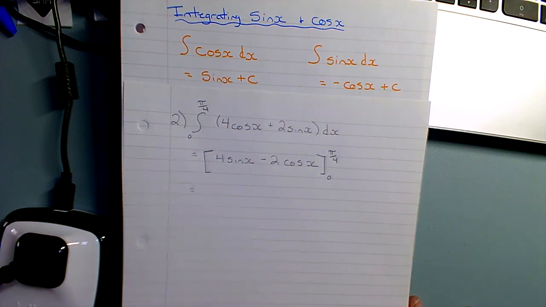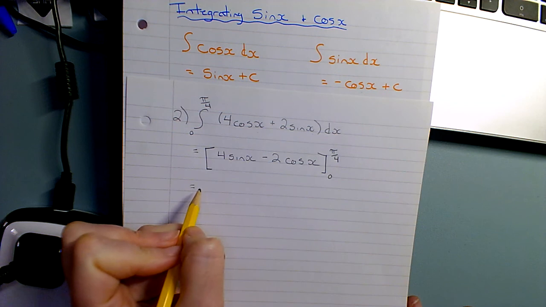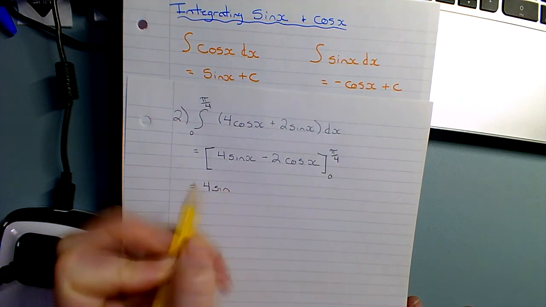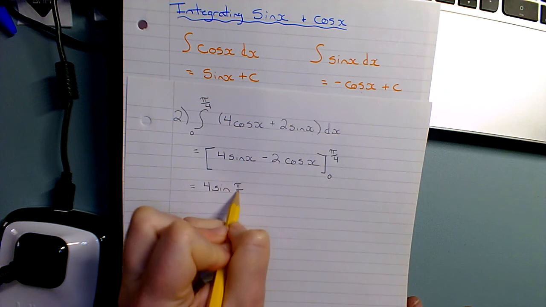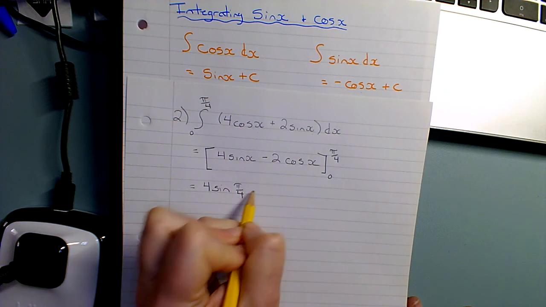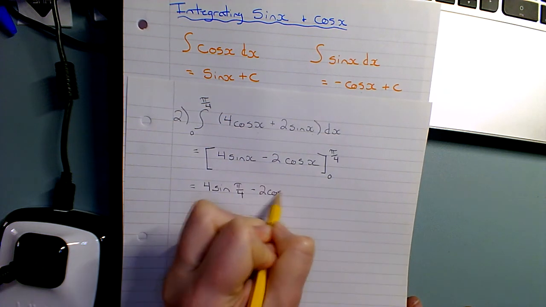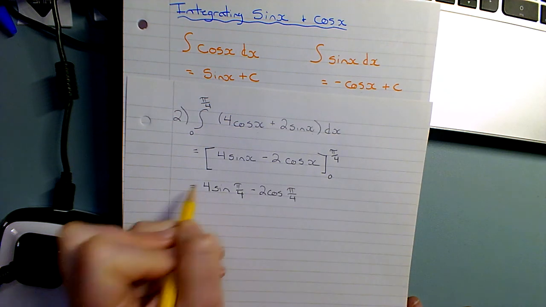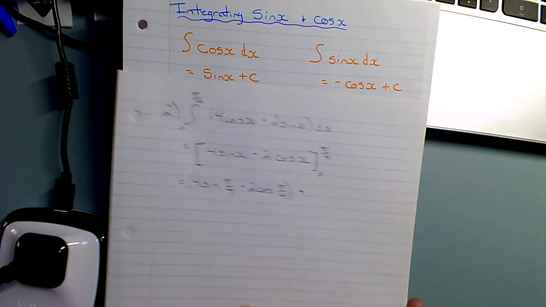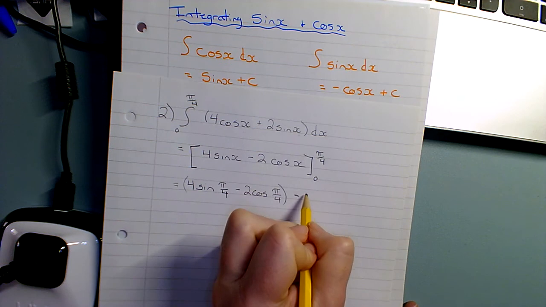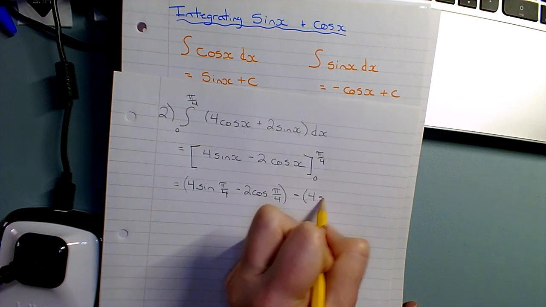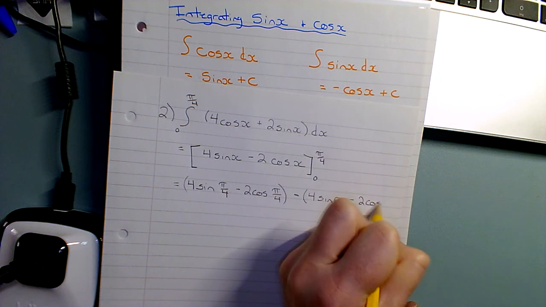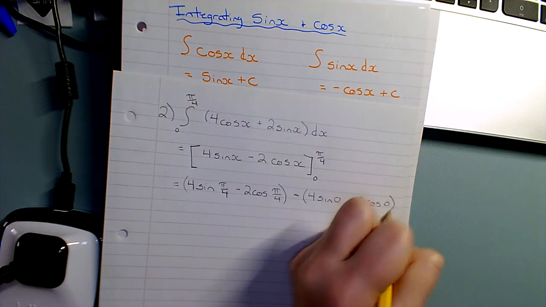So we'll separate this into our 2 brackets. So we're going to have 4 sine of pi over 4 minus 2 cos of pi over 4, minus 4 sine of 0 minus 2 cos of 0.